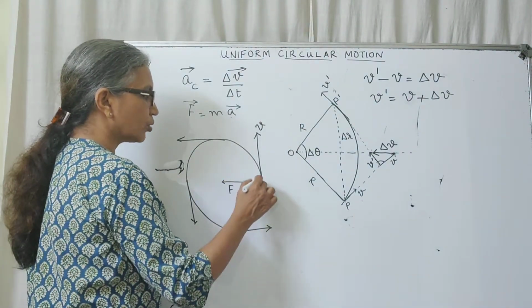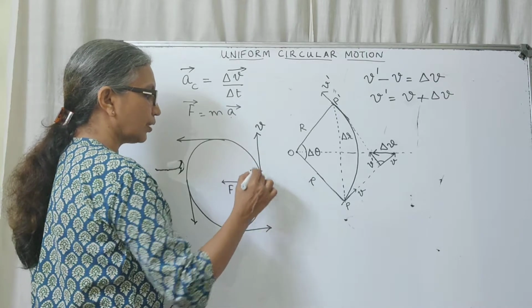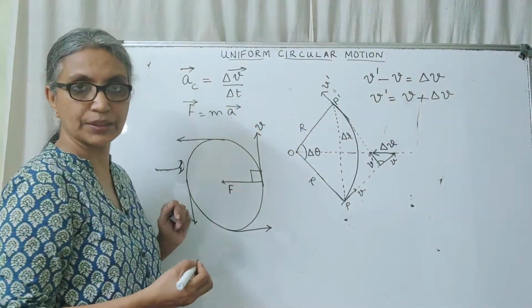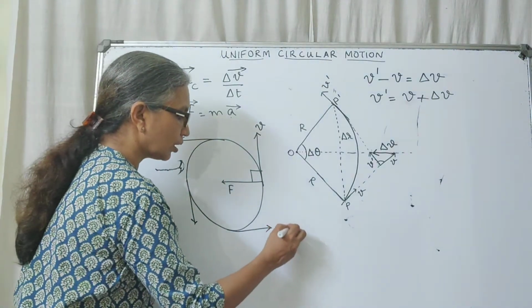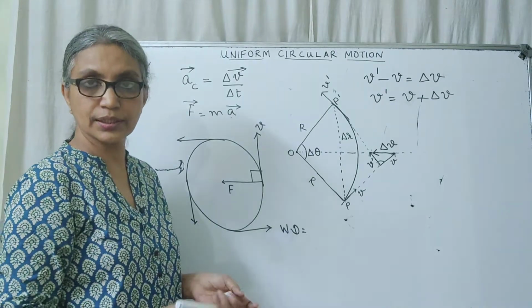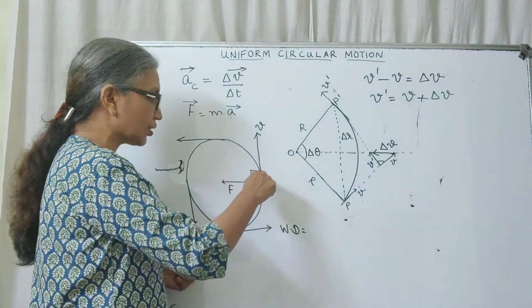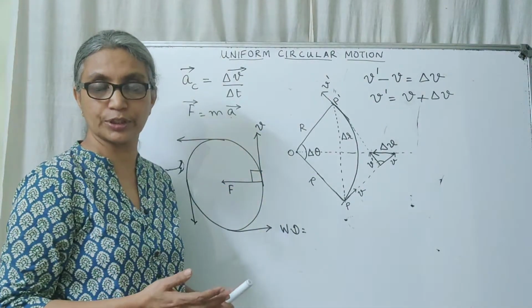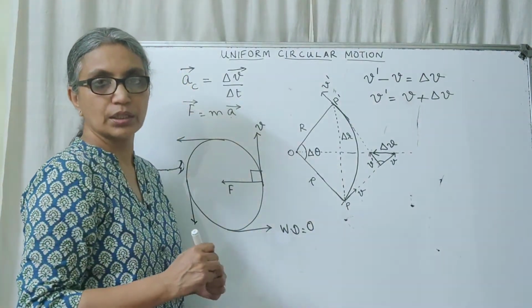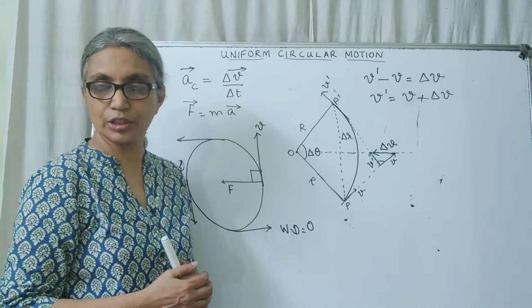Now you will see from this diagram that the centripetal force and the velocity make an angle of 90 degrees. That means velocity is in the direction of displacement. You know that the work done on a particle is force into displacement, and in 9th standard you learned that if the force and displacement are perpendicular to each other, then the work done on the particle is zero. Work done, as you know, is energy.